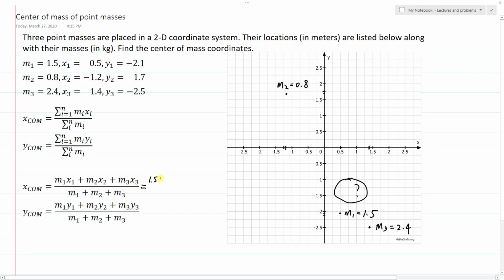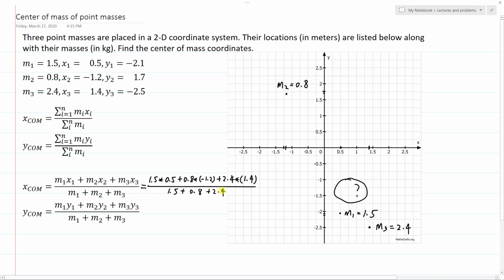So 1.5, x1 is 0.5, m2 is 0.8, and x2 is minus 1.2, and m3 is 2.4, and x3 is 1.4, and we'll divide that by the total mass. So 1.5 plus 0.8 plus 2.4.